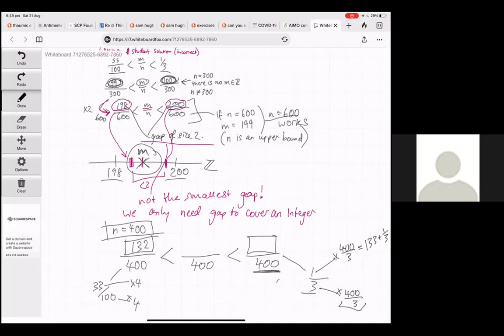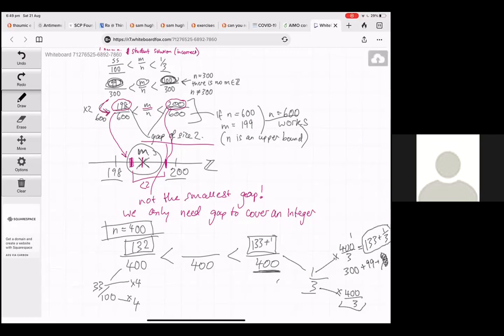Well, 3 times 100 is 300. And then 3 times 33 is 99. So that's 399, which leaves a remainder of 1 on 3. So it's 133 plus 1/3.